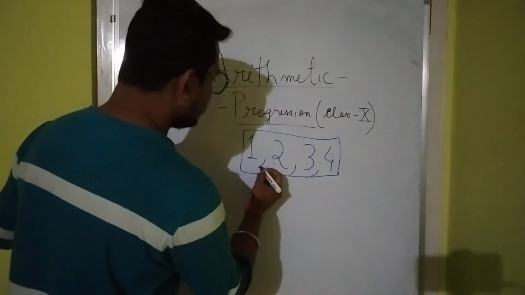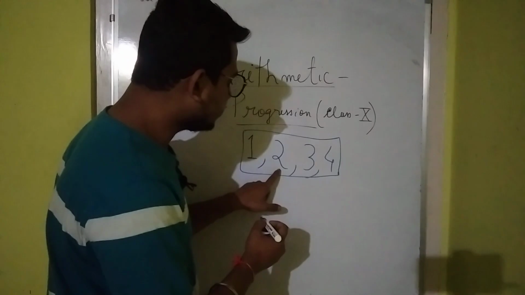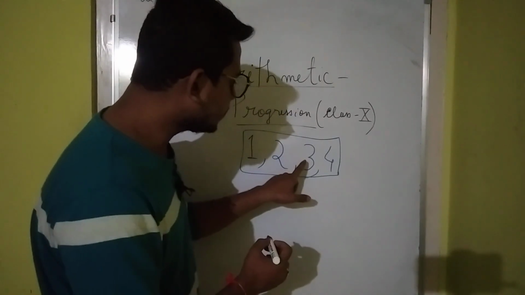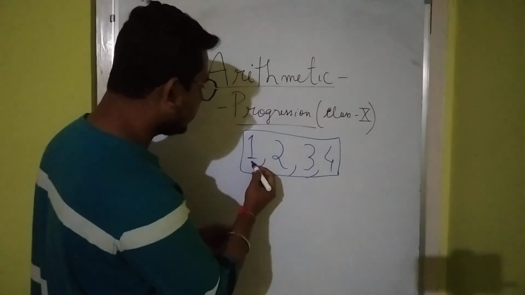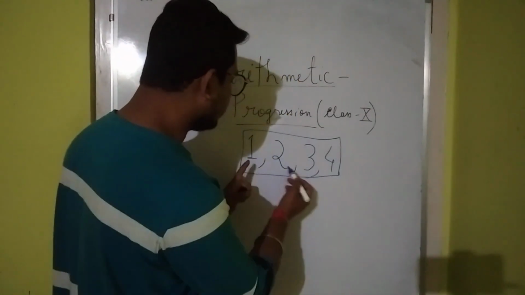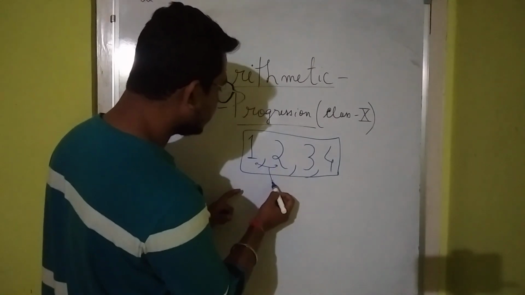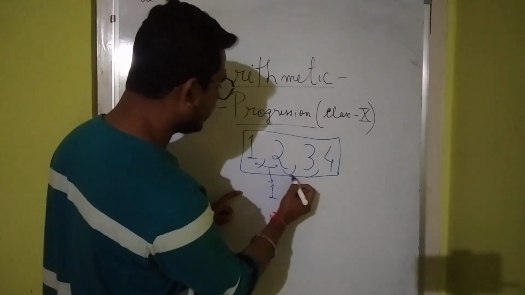Because the first number is 1, the second number is 2, the third number is 3. You can see the numbers are increasing by 1, or the difference between any two numbers is nothing but 1.